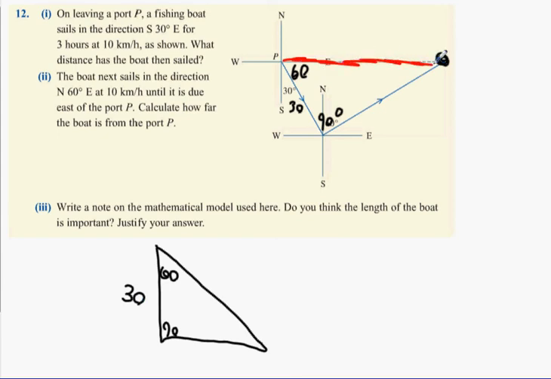Everybody see that? Is the red distance the hypotenuse, the opposite, or the adjacent of this triangle here? Yeah, the red one's the hypotenuse. It's opposite the 90 degrees. So we want to find out what the hypotenuse is, and we're using 60 degrees and 30 kilometers.